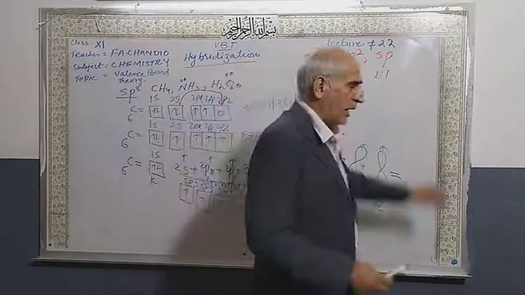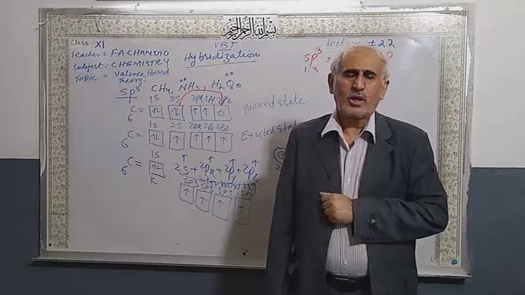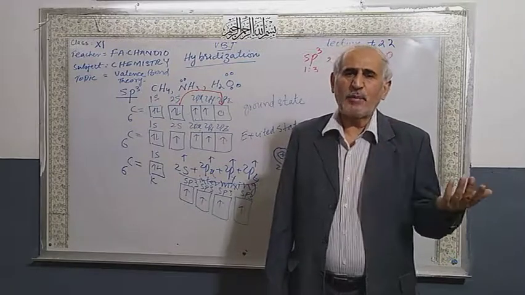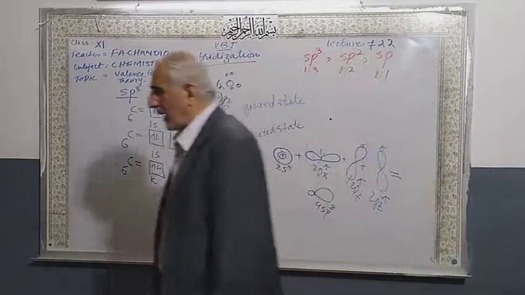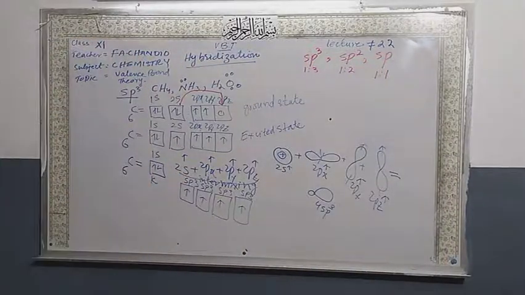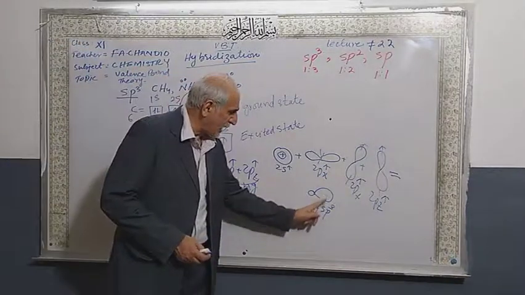It is the same shape for all. If you have sp2 hybridized orbitals, same shape. If you have sp hybridization, same shape. Now you have four equivalent orbitals.